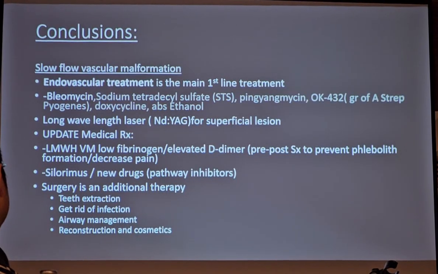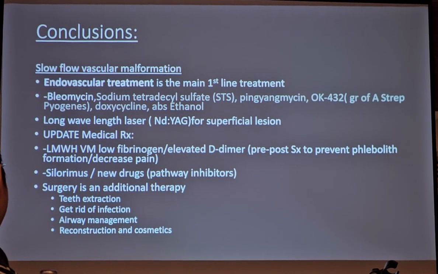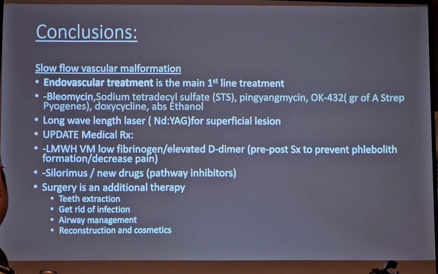So in conclusion, for cerebral vascular malformation, we have some roles for so-called endovascular treatment, which is mainly percutaneous intralesional injection, which we can do in many places all around the head and neck region, especially the ones that produce symptoms.